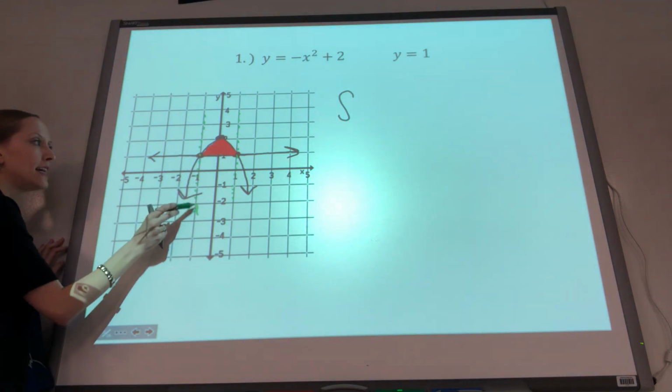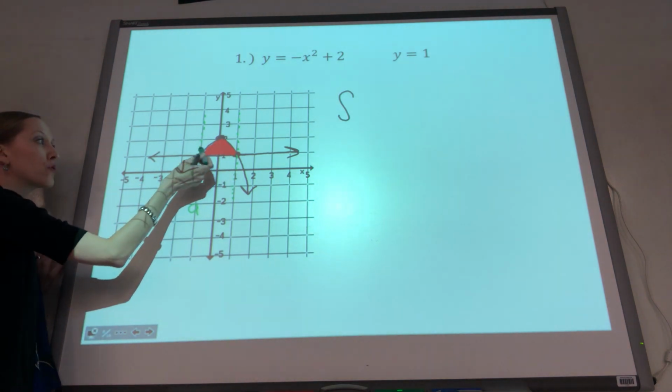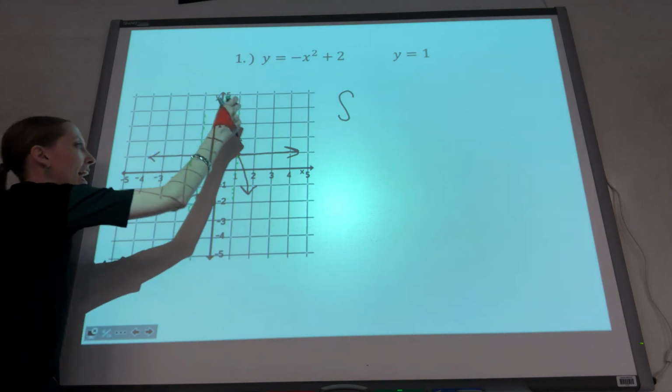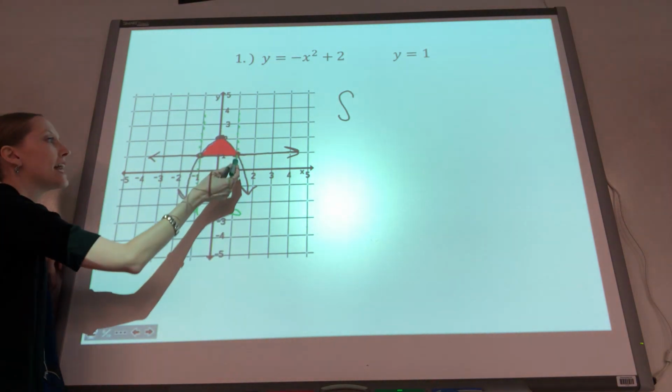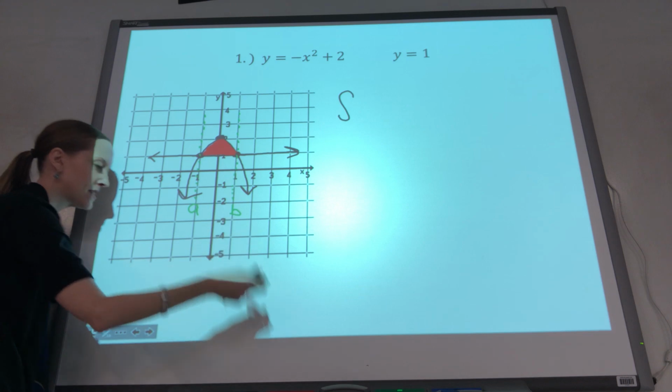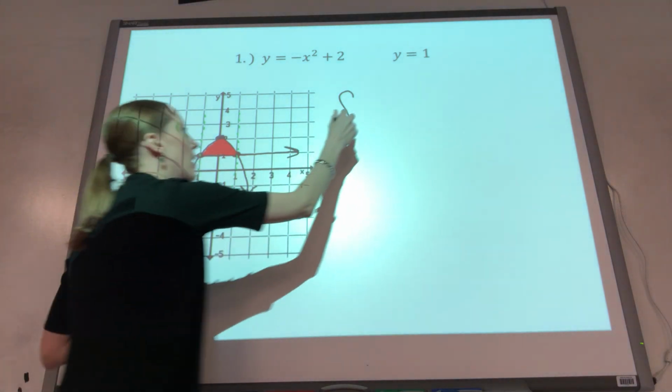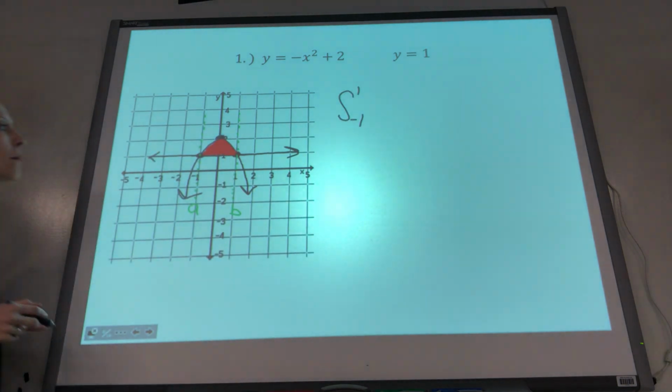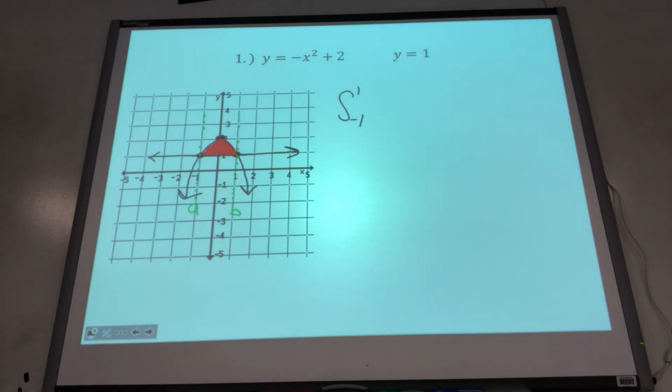The A is where the shaded region starts, and the B is the x value where it stops. And so on this problem, it's going to be from -1 to +1. The A and the B are always x values that you're looking at.